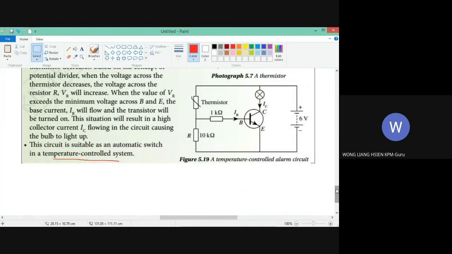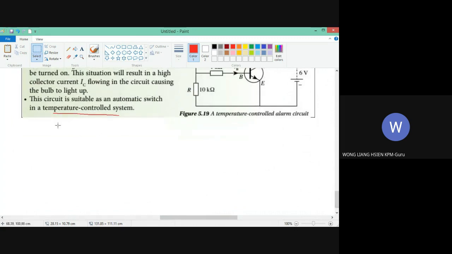So you see, this thermistor is also made from semiconductor. That is why the characteristic is the opposite of the normal conductor.